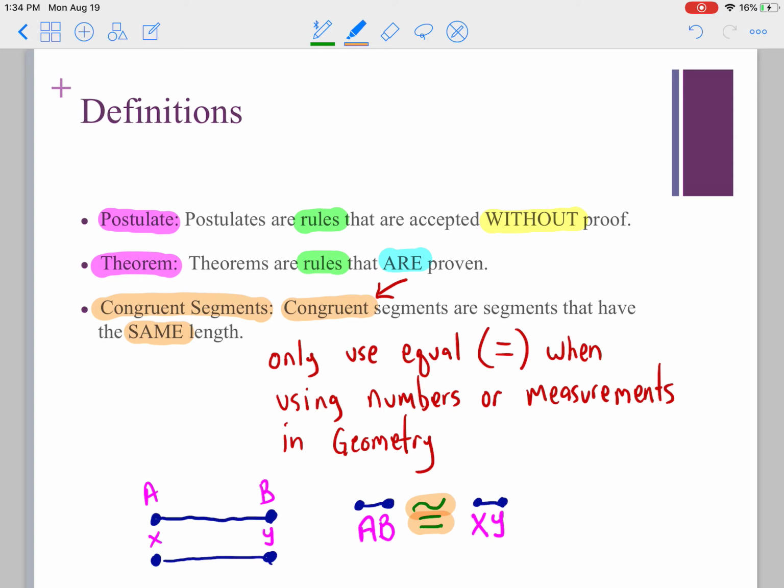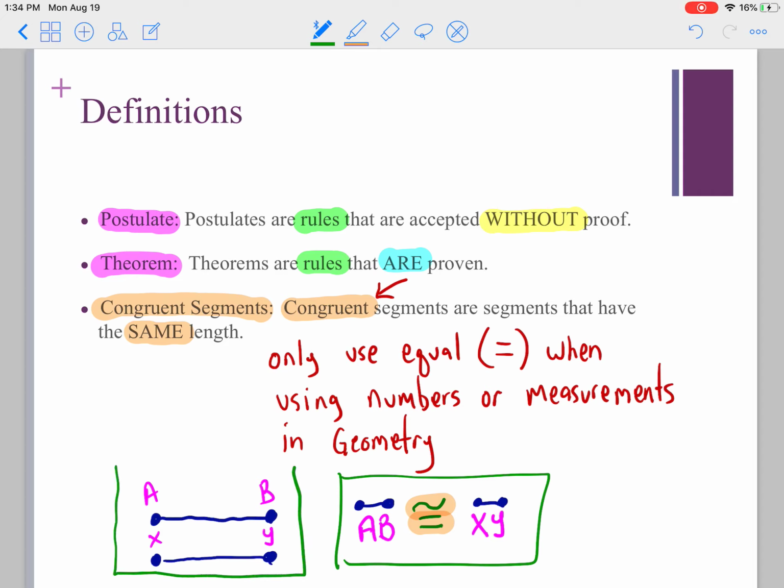And so when I read this particular statement here, I would say segment AB is congruent to segment XY, which means that when I look at these two segments, I know that the actual diagrams of them are the same length.